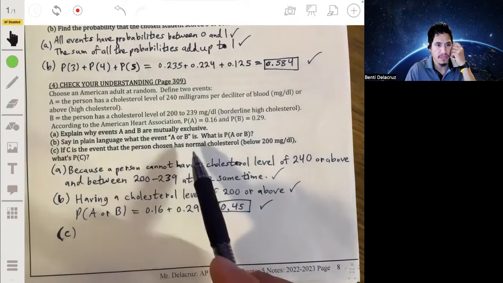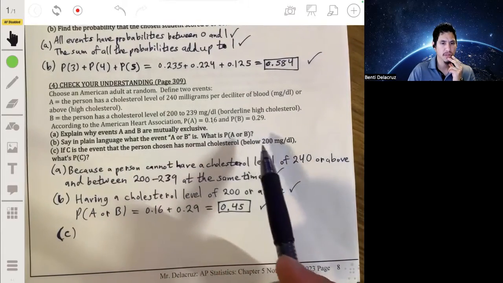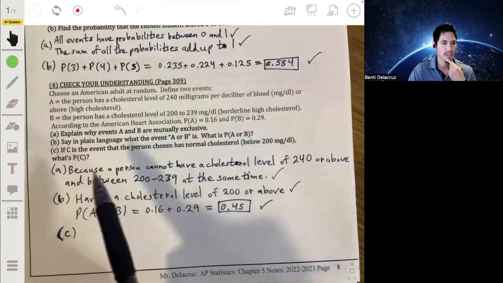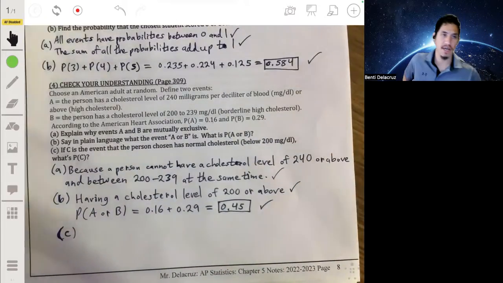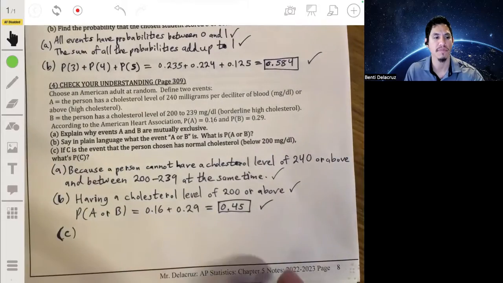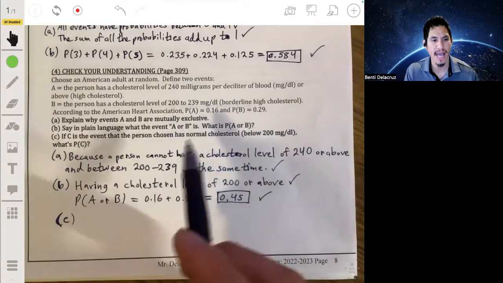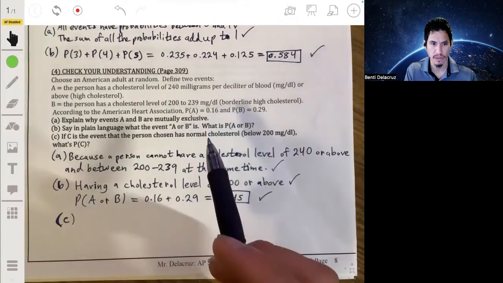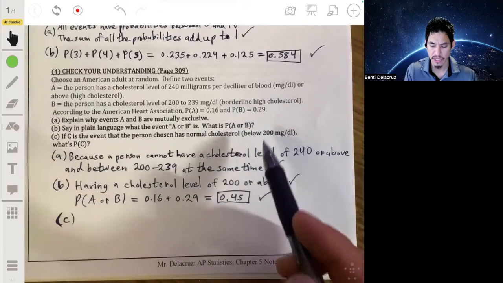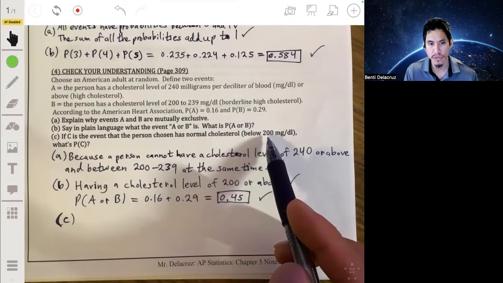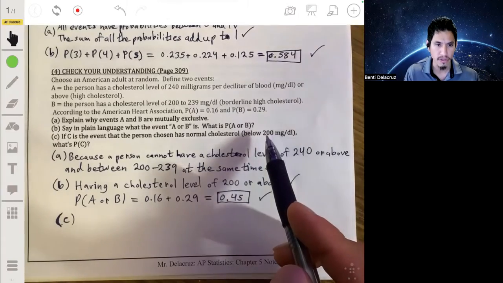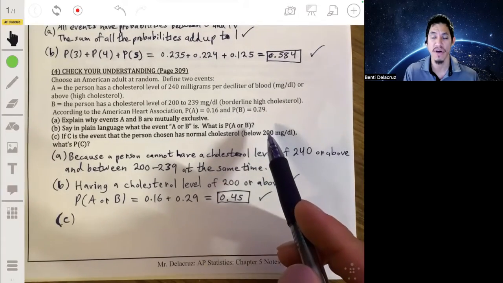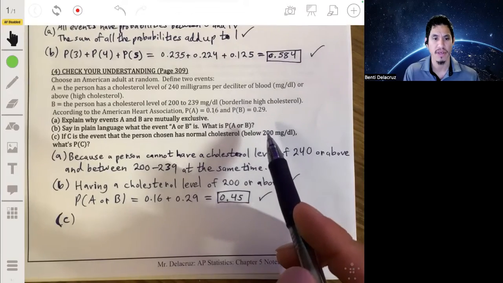If C is the event that a person chosen has normal cholesterol, below 200 milligrams per deciliter of blood, what's the probability of C? This is an example of how we can apply the complement rule. Either a person has cholesterol below 200, or they don't, which means they have a cholesterol level above 200. We don't care exactly if it's 201, 250, 500, or whatever.